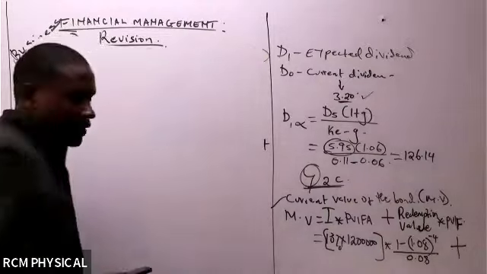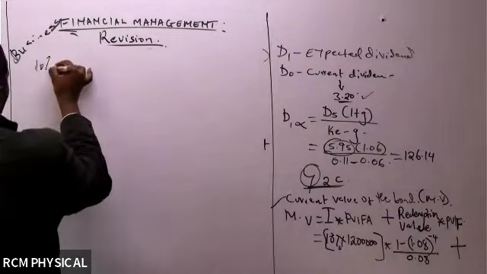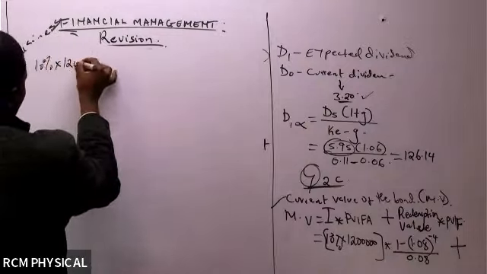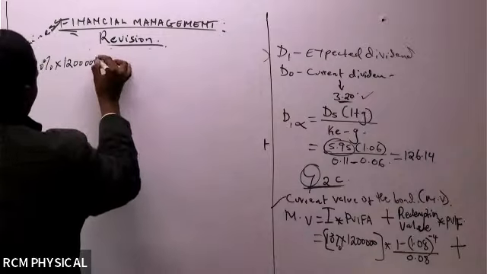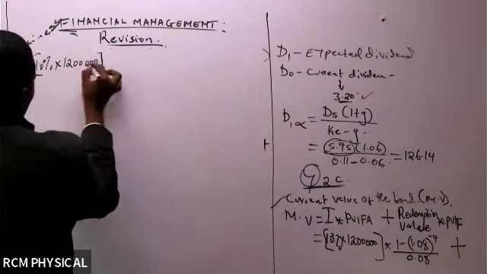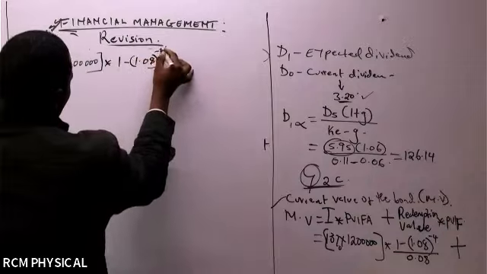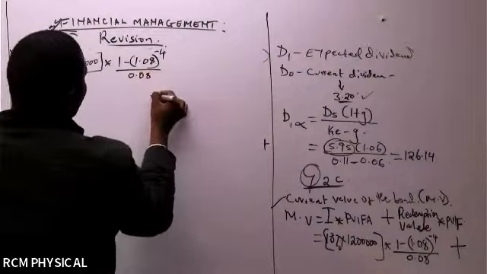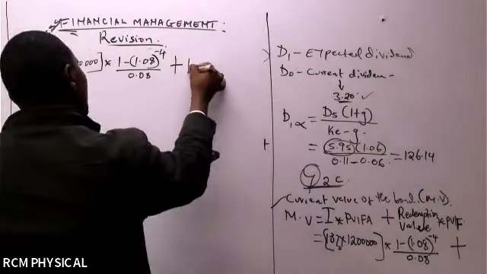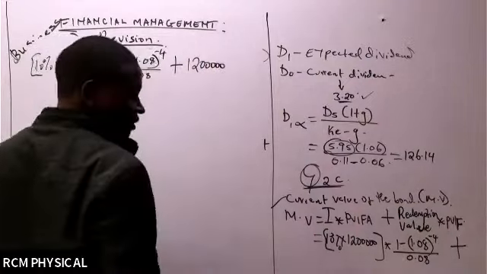This is 10% of 1,200,000 multiplied by 1 minus 1.08 to the power of -4, divided by 0.08, plus the redemption value. Redemption value is the same as par value. Don't ever forget that.